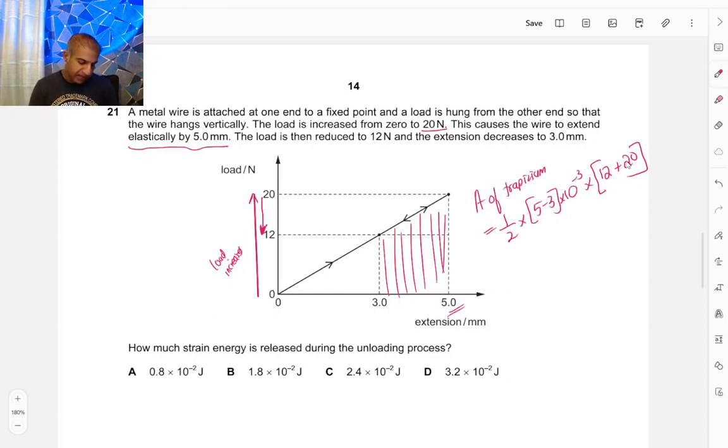And we're just going to multiply it by brackets 12 plus 20. That does it. And that should be 0.032. Or we can move this 1, 2. So this is going to be 3.2 into 10 raised to power minus 2 joules. So D is the right answer. Let's move on to the next question.